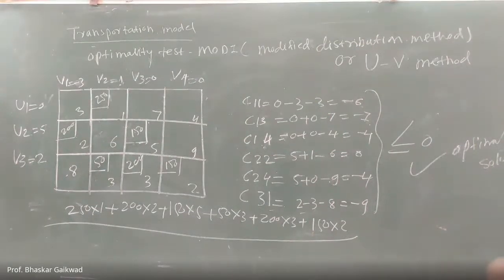Correct? And whatever the value you will get at the right side, it should be less than 0 or 0, then whatever solution we have got, that is the correct solution. Then as usual, you have to go for the calculations, what actually I have shown at the bottom. So this is the UV method or MODI method. Correct?